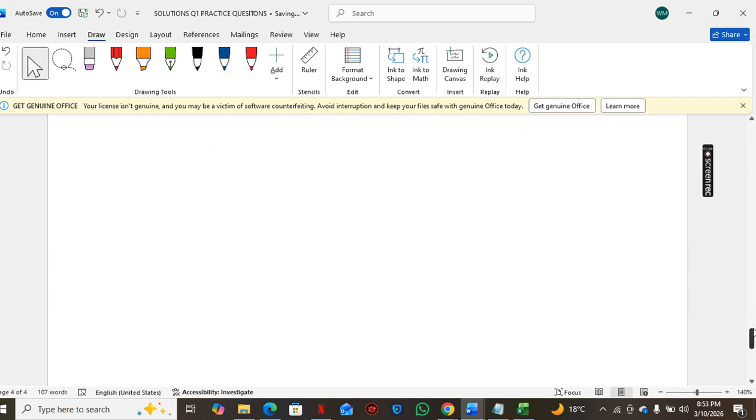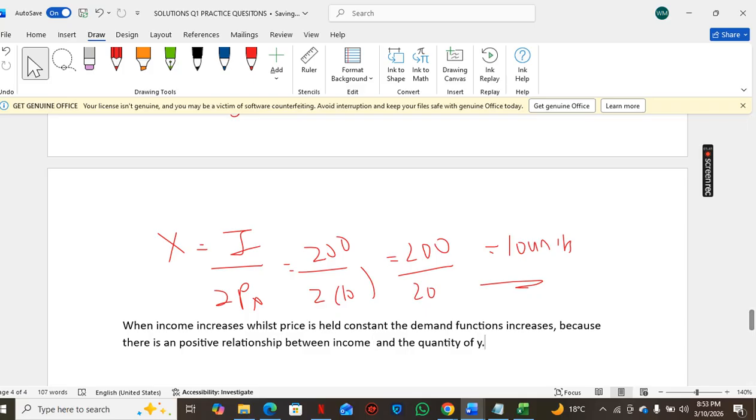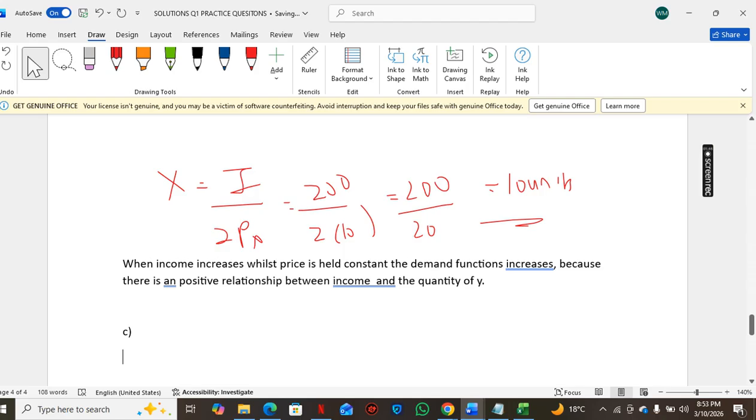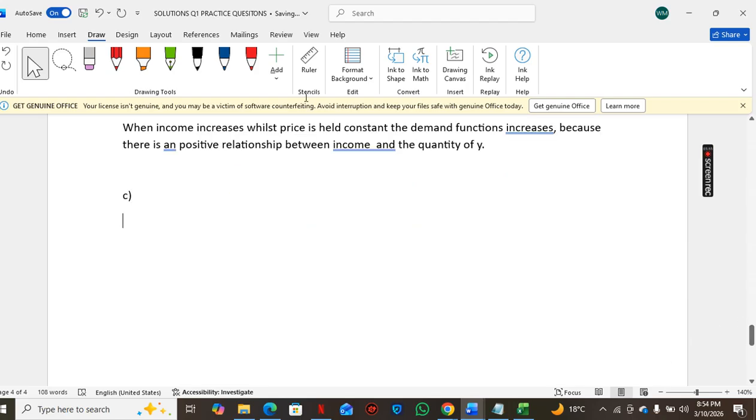Okay, so for part C, x equals I over 2px and y equals I over 2py.